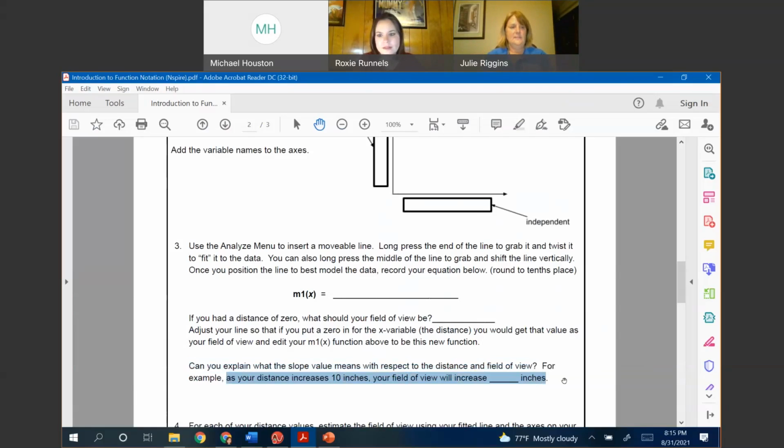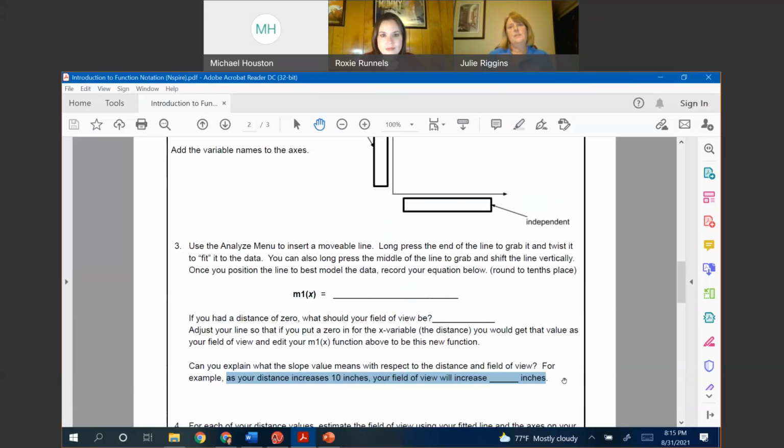So did anybody chime in, Roxy? Stacy says 0.3 inches. Okay, good. So as your distance increases by 1 inch, your field of view would increase by 0.3 inches or 0.4 inches. Good.